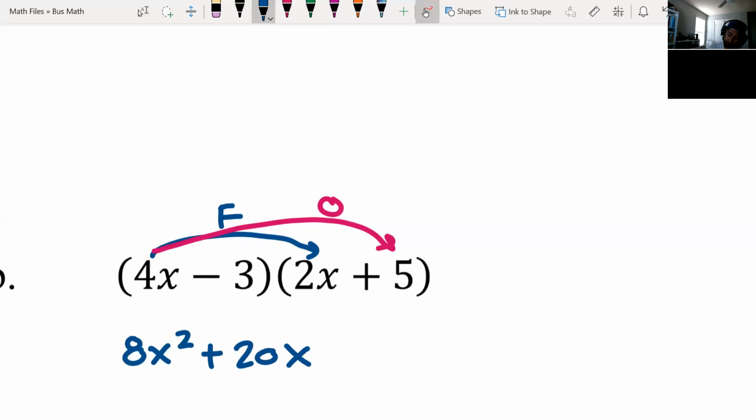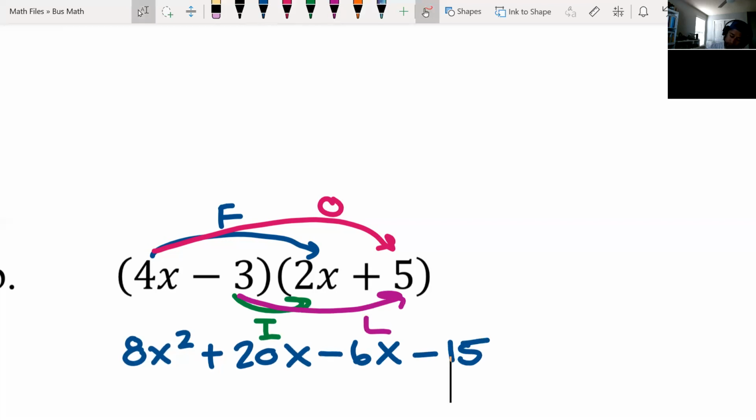And then now you're going to do the inners, negative 3 times 2x. That's the I. And that'll give me negative 6x. And then you can do the last terms, which is negative 3 times 5, which will give me negative 15.